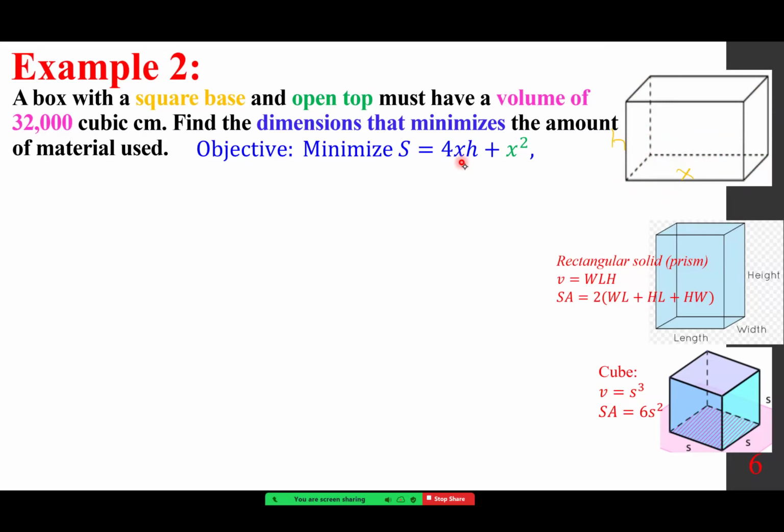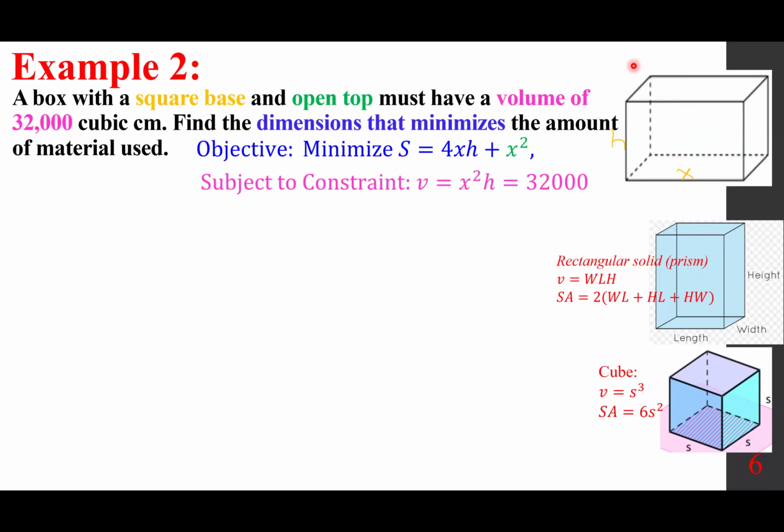Subject to the volume of 32,000. The volume is the area of the base x squared times the height. So the volume x squared h must be 32,000. Now we are in business.